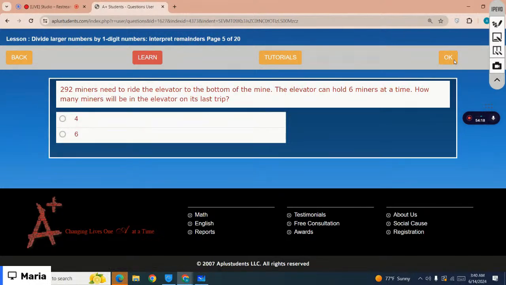292 miners need to ride the elevator to the bottom of the mine. The elevator can hold 6 miners at a time. How many miners will be in the elevator on its last trip?